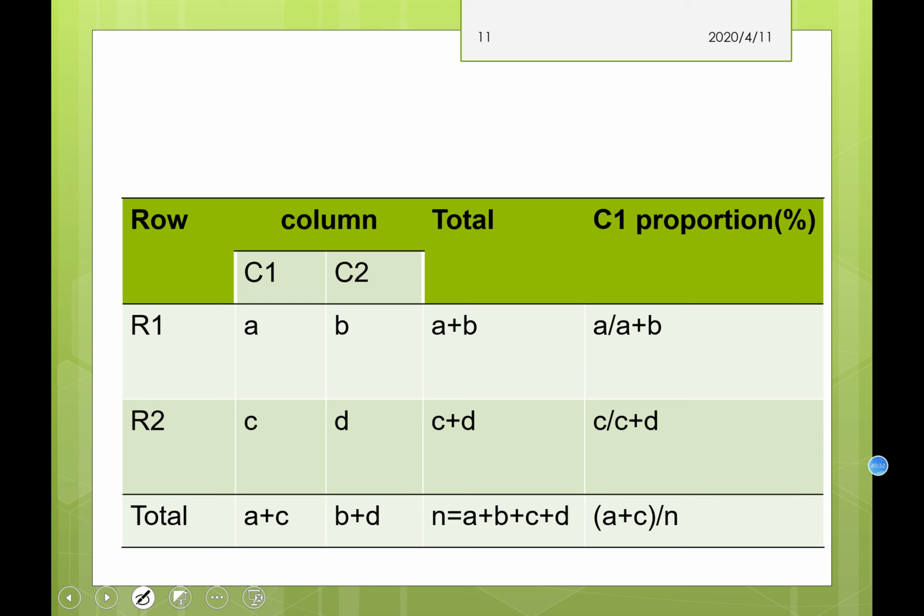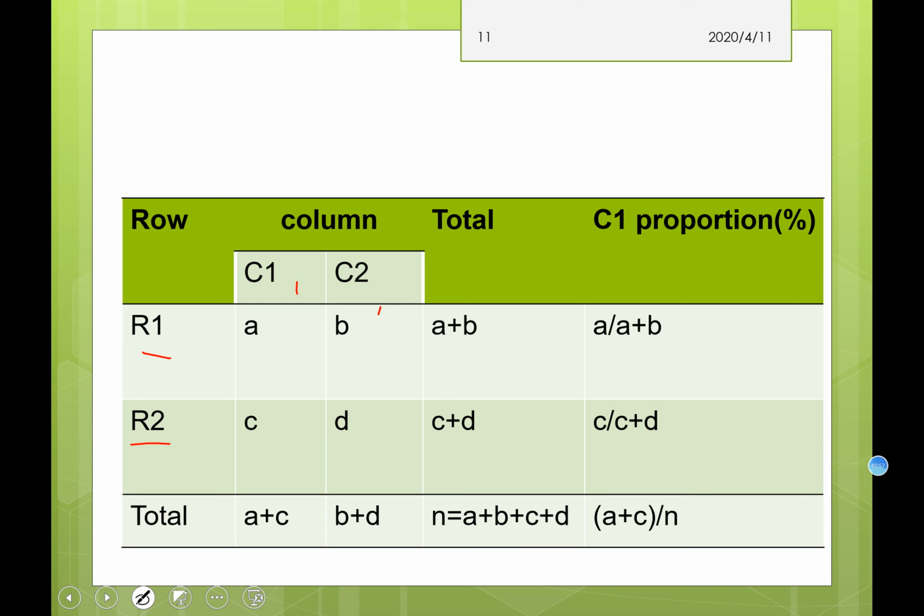So here we can find that in this table we have 2 rows and 2 columns. That means in the grouping variable we divided our sample size into 2 groups, and for the column variable we have 2 levels, which are C1 and C2.